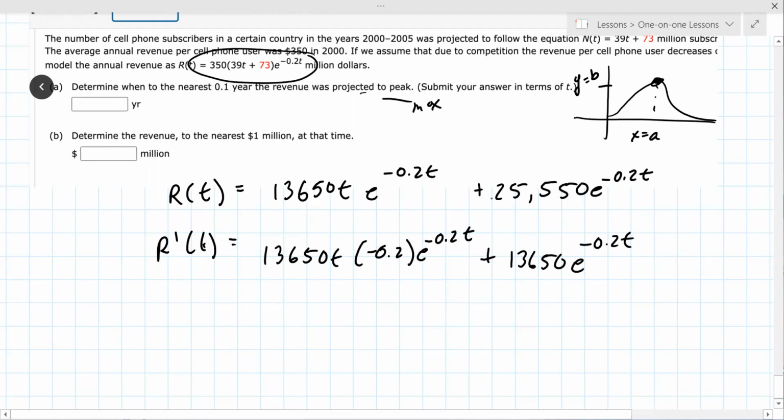For the second term, you take the derivative the same way, so it ends up being negative 0.2 times 25,550 e to the minus 0.2t. And you set that equal to 0.